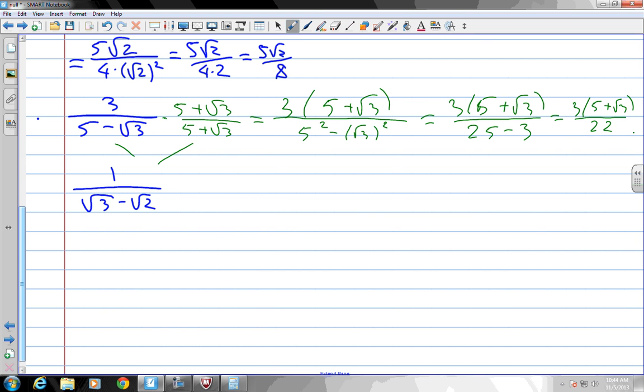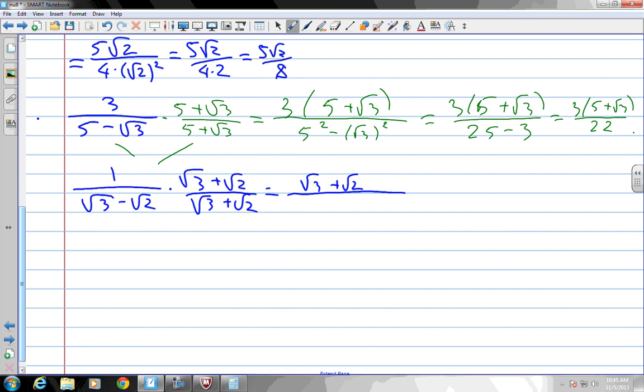So what should we multiply that by to get rid of the square roots? Yeah, just go for the conjugate. It's okay if there are two radicals. The conjugate trick will get rid of them. So multiply by the same expression, only with a positive sign. And that will utilize the difference of squares formula. Then in the numerator is just times 1, so that's square root of 3 plus square root of 2.